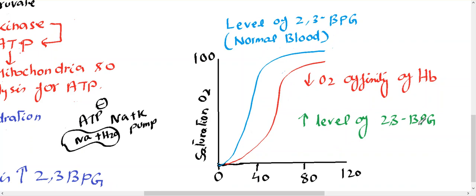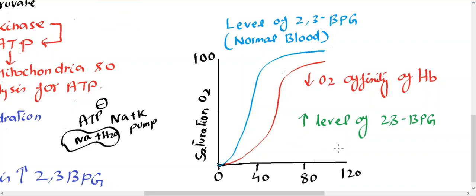increase in 2,3-BPG. So in pyruvate kinase deficiency, there is an increase in 2,3-BPG, which decreases the oxygen affinity for hemoglobin. So more oxygen is unloaded to the tissues, and that will lead to a rightward shift of the oxygen hemoglobin dissociation curve.